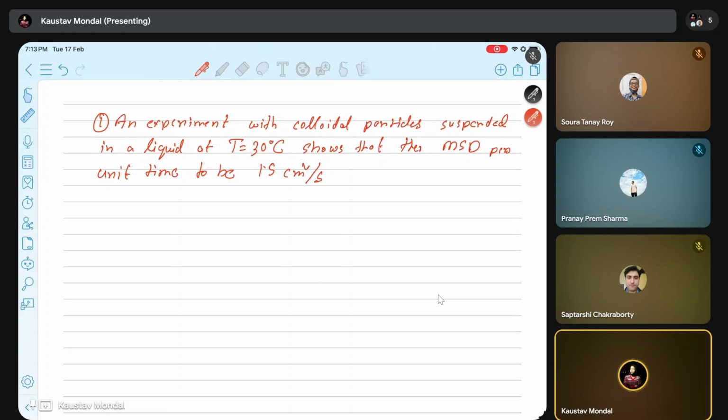Since the mean square displacement contains a square, that's why the unit is given as centimeter square. Find the radius of the suspended particle.